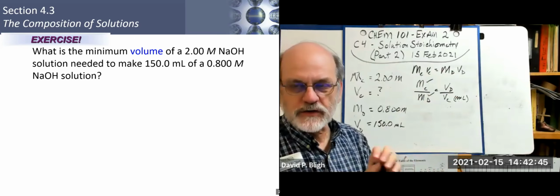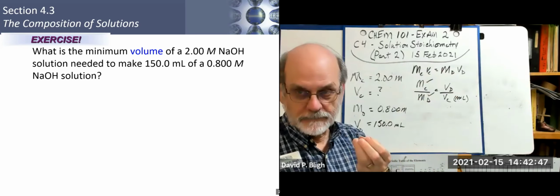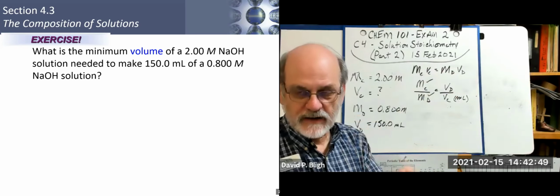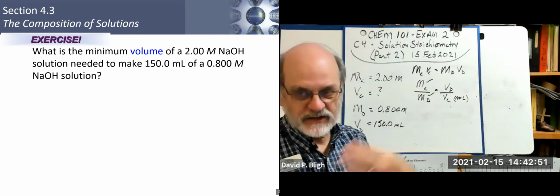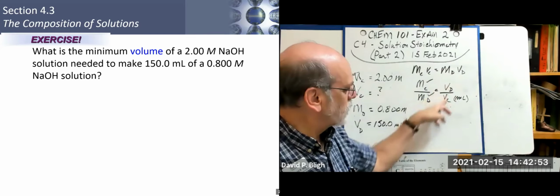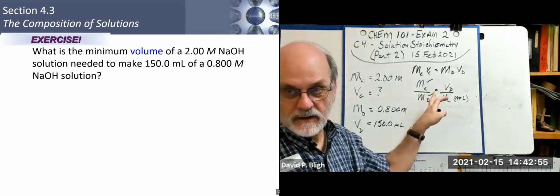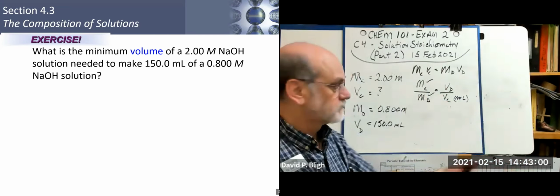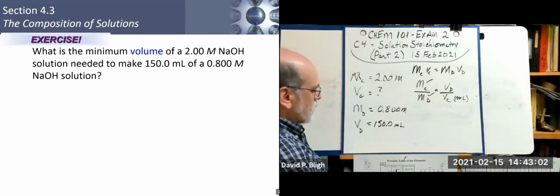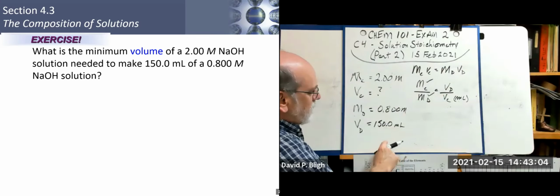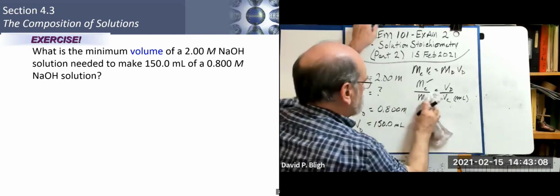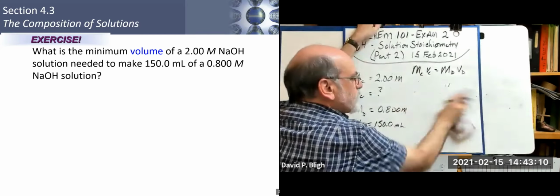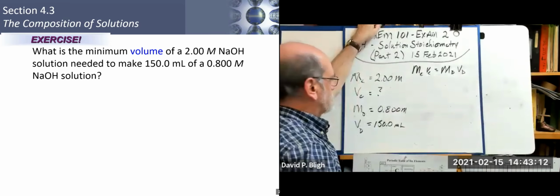It's only when you're using the standalone formula, molarity equals moles divided by volume, that you have to change to liters. But when you've got a ratio like this, you can leave it milliliters and save yourself a step. So we can leave this milliliters and plug the numbers in, or you can solve it for your unknown, right?